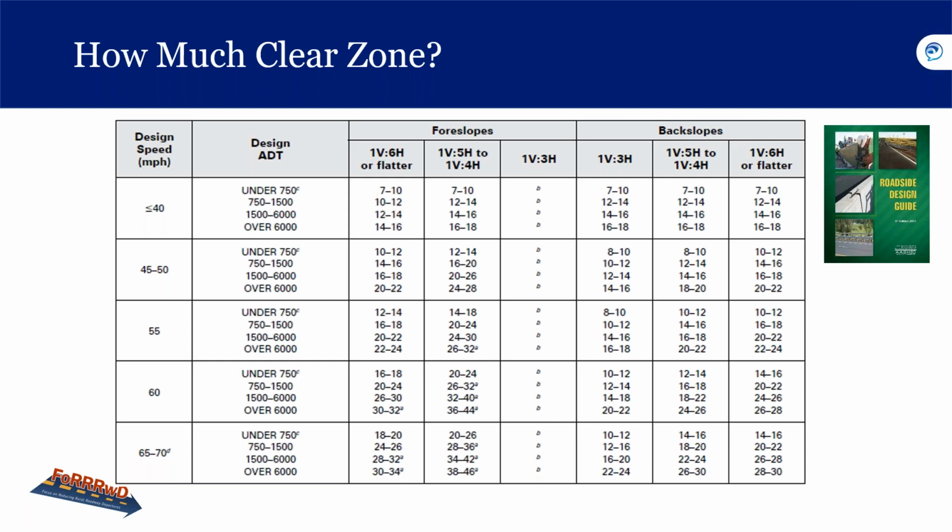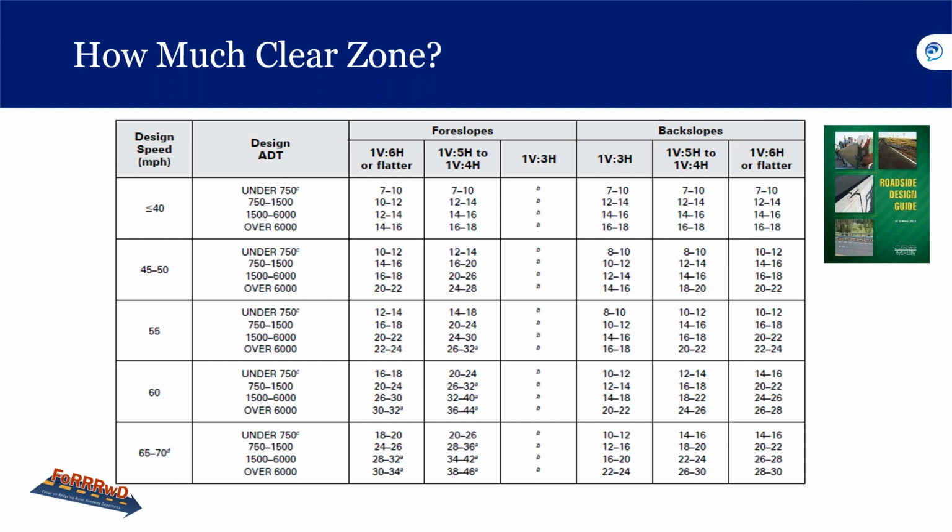Based on that, they said, well, let's just make the clear zone requirement 30 feet. And the values were factored for speed, average daily traffic, and side slope, but are still considered to address about 80% of encroachments, or 80% of vehicles that go off the right side of the road.